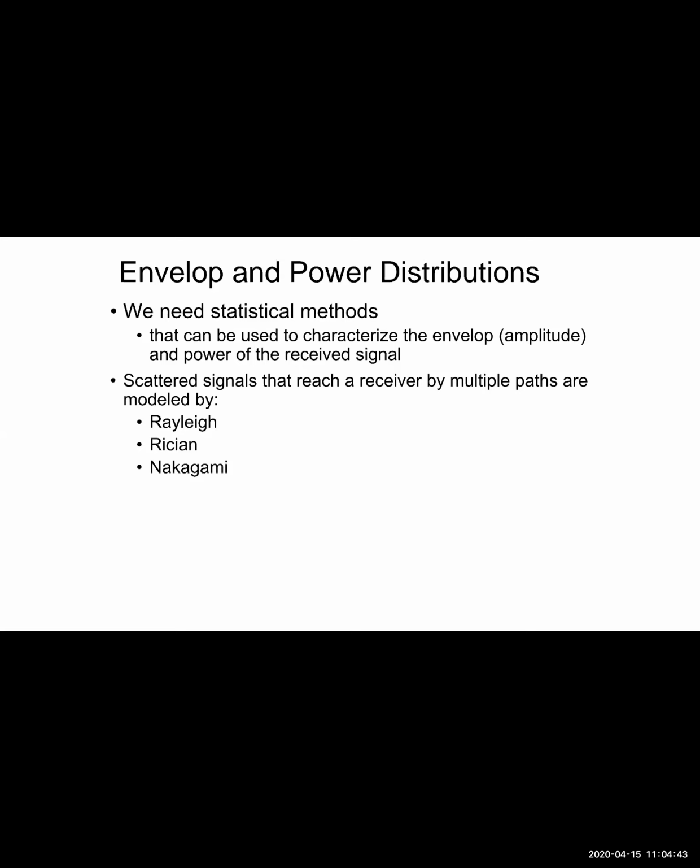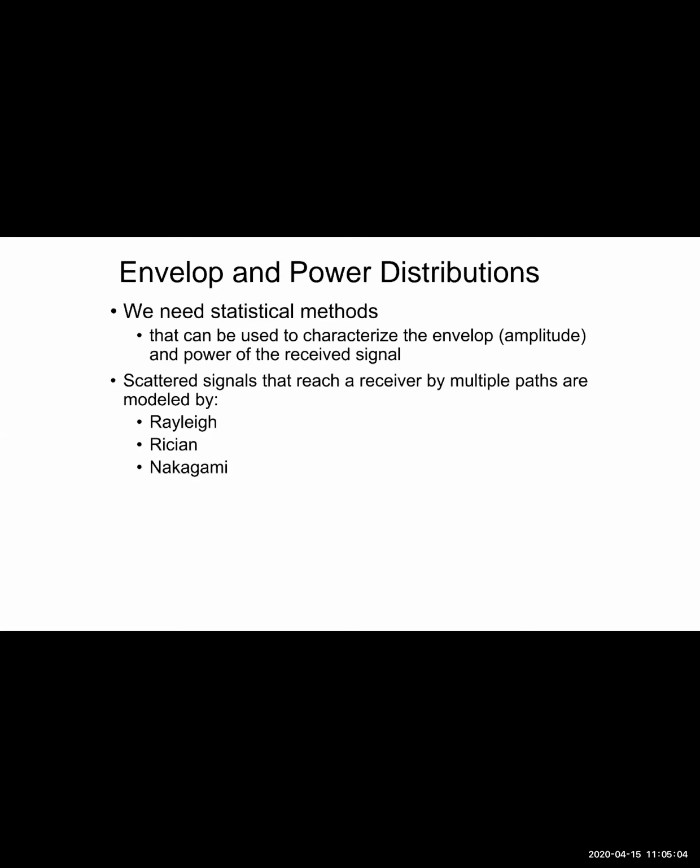Good. So all you need to do is look at the multi-paths that you have at the receiver. You have a received signal that is a contribution from multiple paths. What is the density of the paths? If the density is very high, then the Nakagami is suitable.